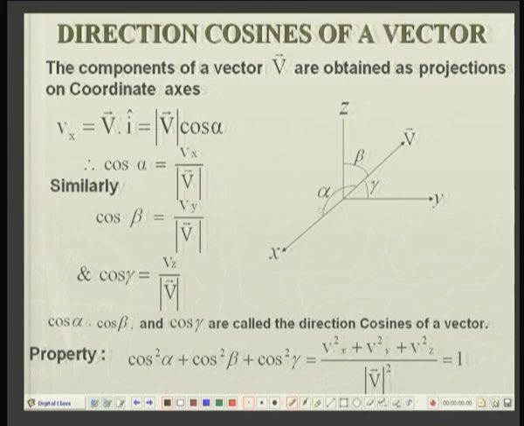So alpha is the angle which vector V makes with the x axis. What you do is pass a unique plane through vector V and the x axis. You can always draw a single plane passing through two straight lines, and you measure the angle alpha in that plane.